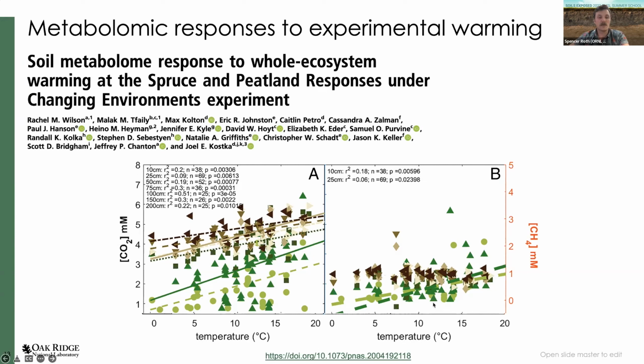On the right panel, panel B, you can see that at the 2 surface depths, 10 and 25 centimeters, again, there's a significant increase in pore water methane concentrations with increased temperature at the SPRUCE sites. So with this experimental warming, we're seeing these increases in greenhouse gas production here. One of the panels that I did not include from this figure also shows that the ratio of CO2 to methane decreases with temperature, indicating enhanced methanogenesis with increasing temperature.